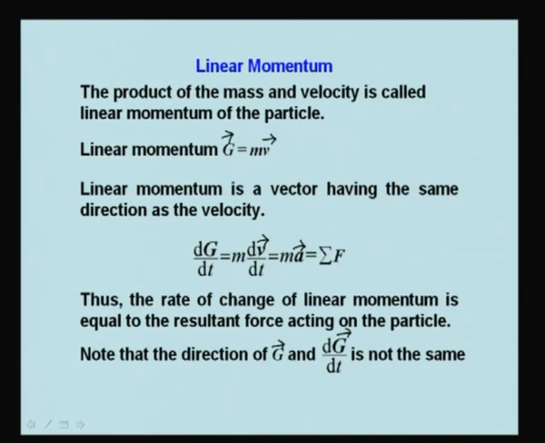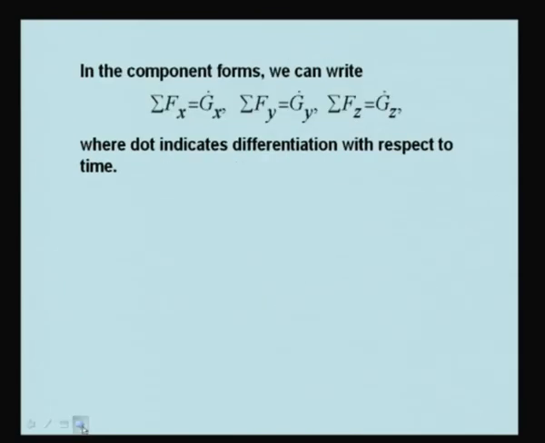Therefore, in this case, g and dg by dt have different directions. In the component forms, we can write sigma fx is equal to g dot x, sigma fy is equal to g dot y, sigma fz is equal to g dot z, where dot indicates differentiation with respect to time.